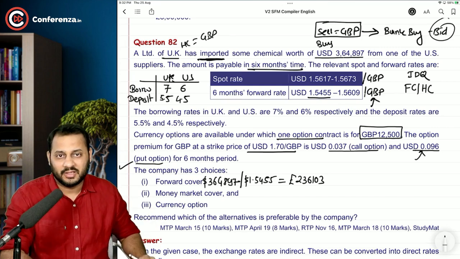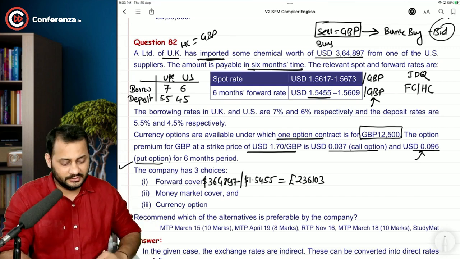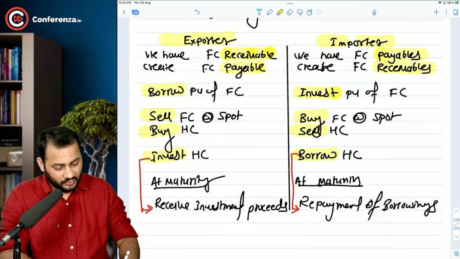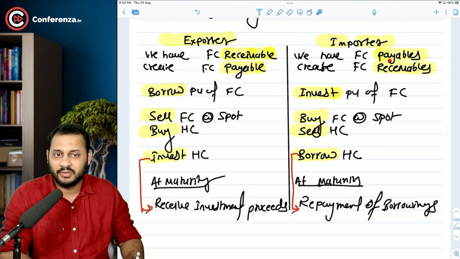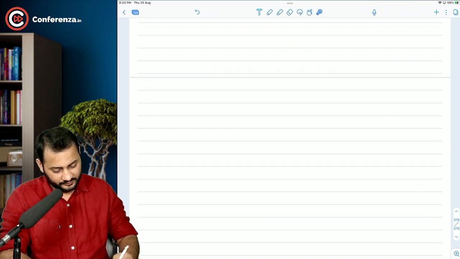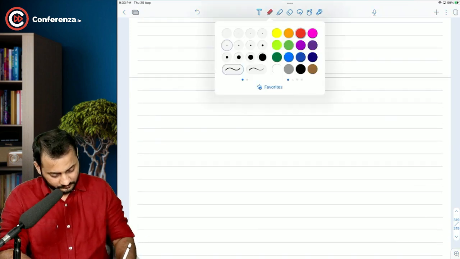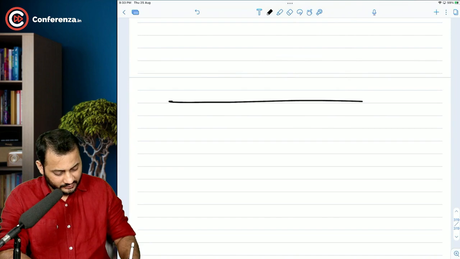Let's try the money market hedge. Now, for the money market, this is applicable. We have the payables in terms of dollars. We will create $364,897 receivable. We will invest the present value of dollar. I will do it faster.